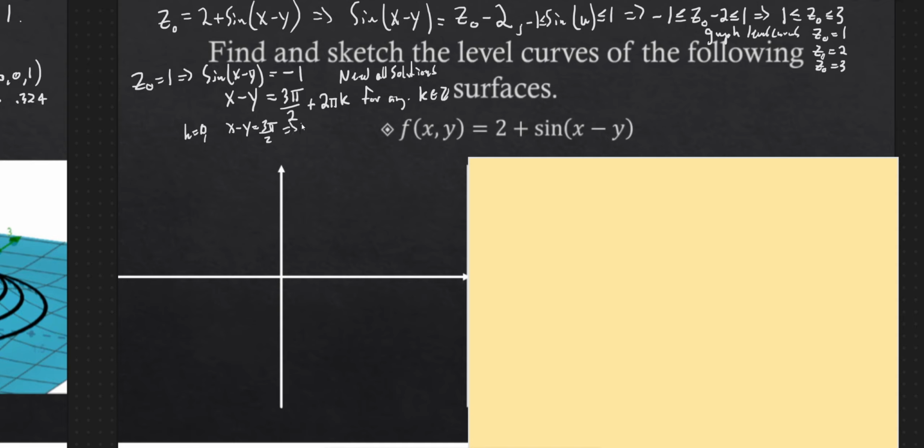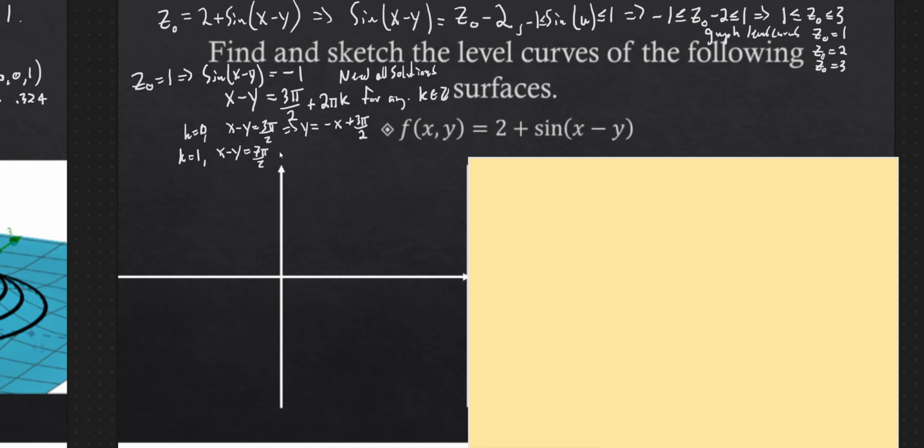And so that gives me y equals negative x plus 3 pi over 2. I'll graph that. What if I do k equal 1? Then this will be 3 pi over 2 plus 2 pi. 2 pi is 4 pi over 2, so that'll be 7 pi over 2. So I'll have x minus y equals 7 pi over 2.